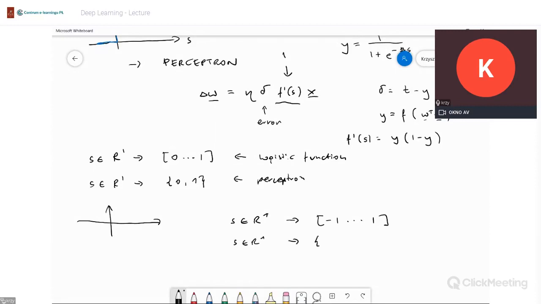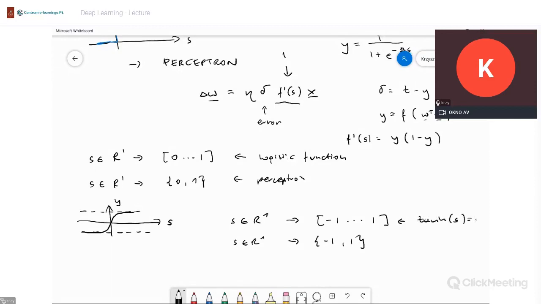And the second form of this activation function will be a function that produces a binary pair of values, but this time bipolar. So the difference is now just a very tiny difference. It is just a change in the range of output values. The first type is, for example, the hyperbolic tangent.